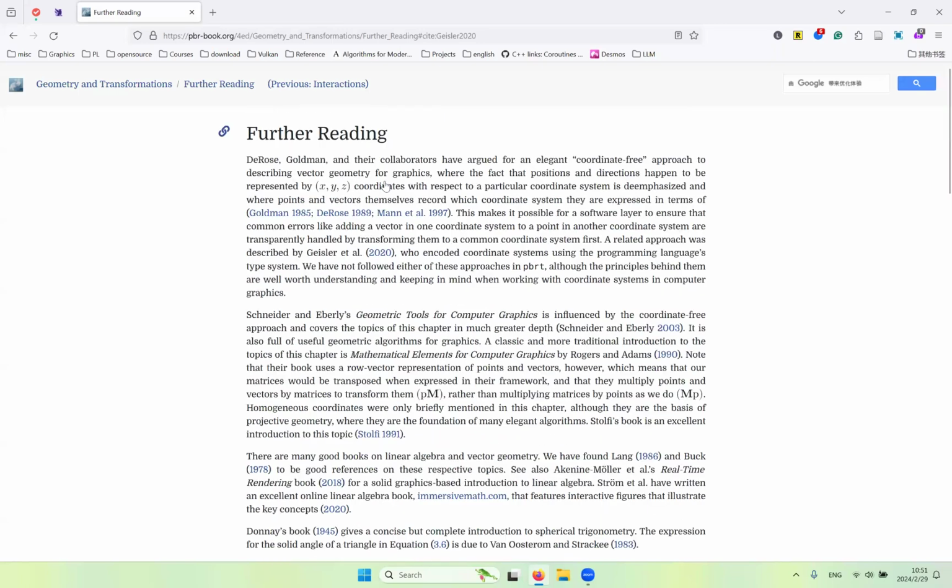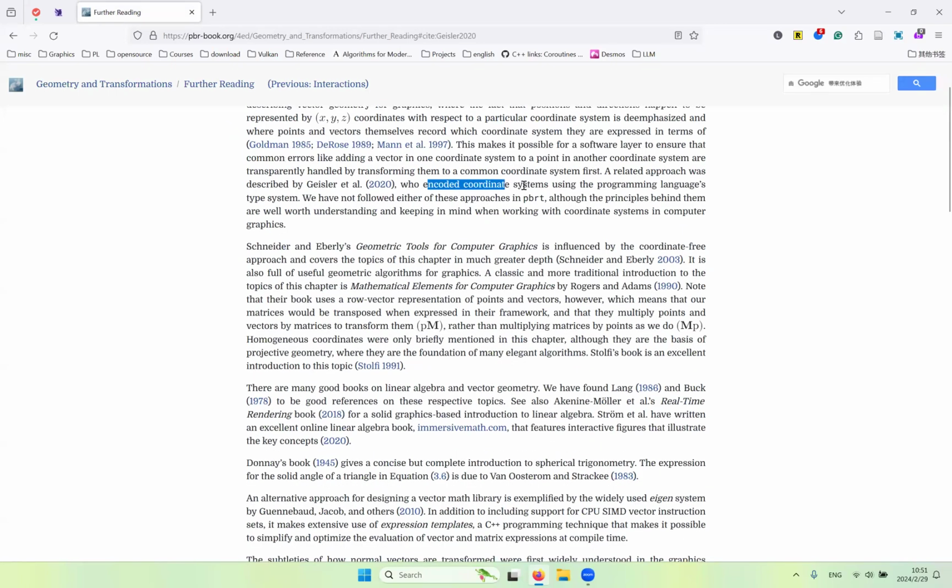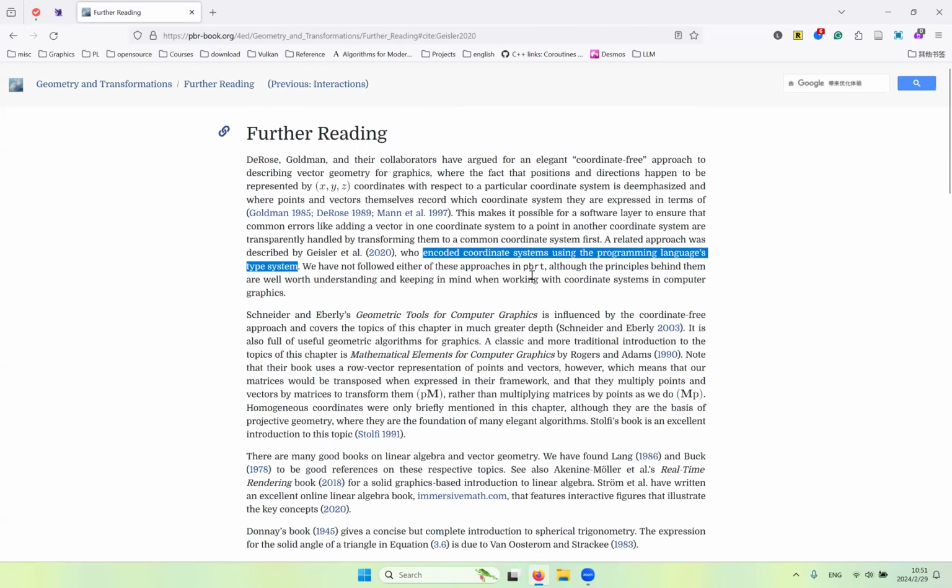Also this, encoding coordinate systems using the type system. This also sounds really interesting, but I don't know. It also sounds really annoying, like Rust lifetime annotations, if you need to write that for every matrix.